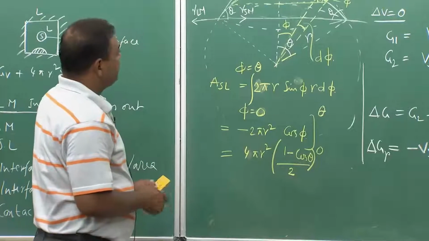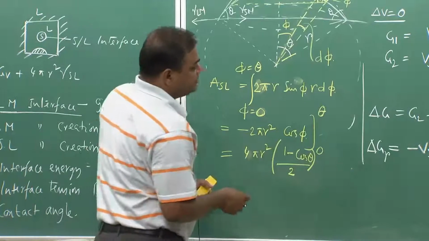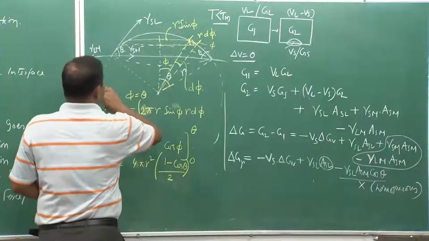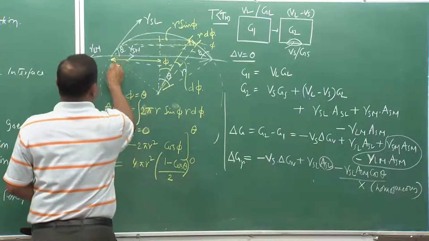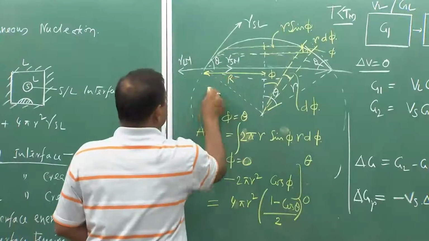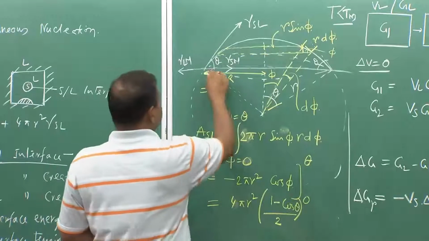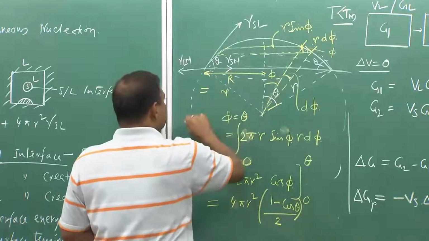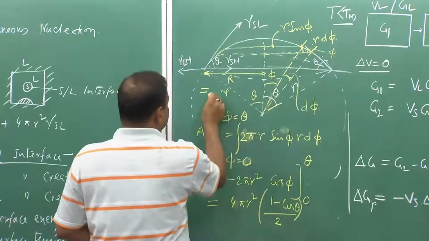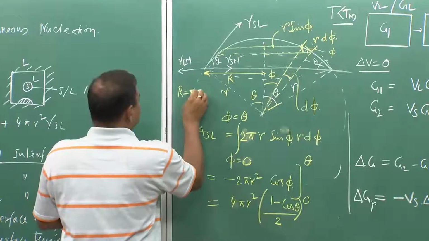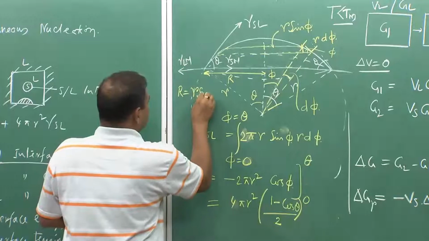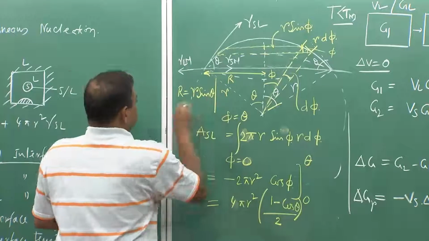Now, similarly, I also have to calculate the A S M term. I can get this particular radius, this is capital R. So if this is my r and this is my theta, capital R is equal to r sin theta.